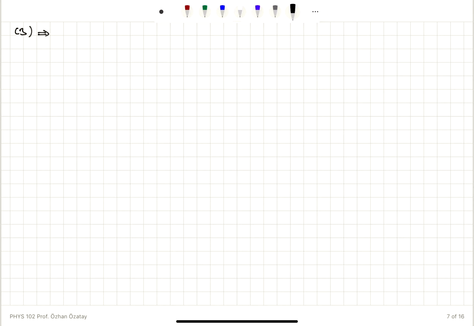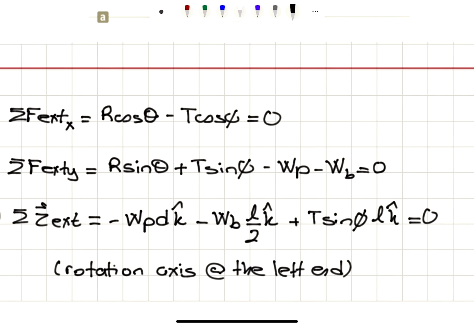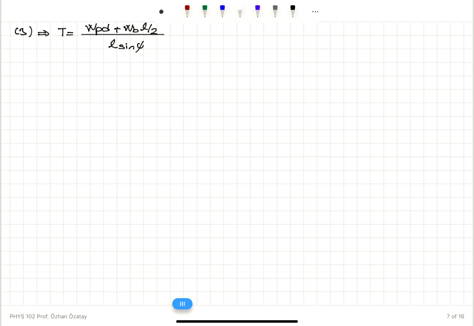So I can isolate tension from this equation, and it's going to be WP times D plus WB times L over 2 divided by L sine phi. So you can see from this equation, WP times D, WB times L over 2 would be on the right hand side, divided by L sine phi, I obtain the tension. That's basically the answer to the first question.